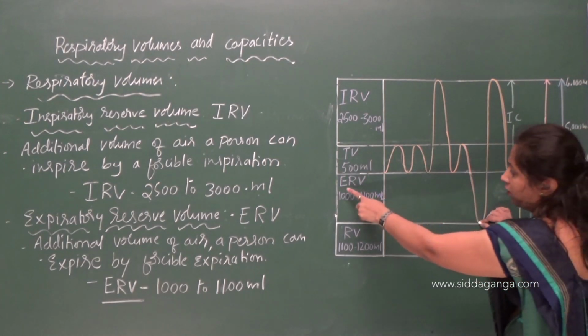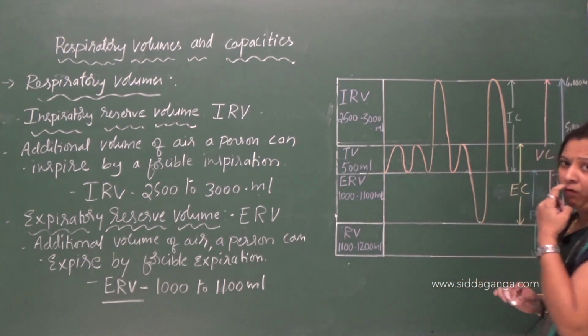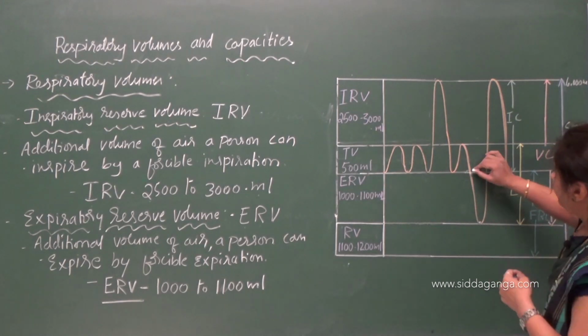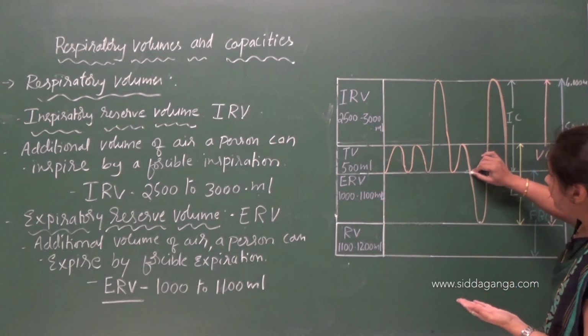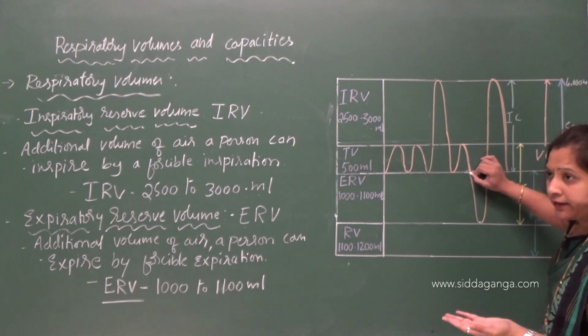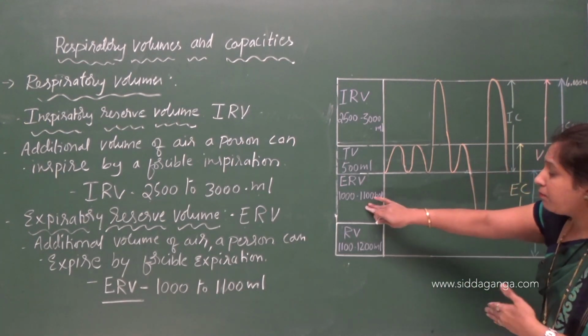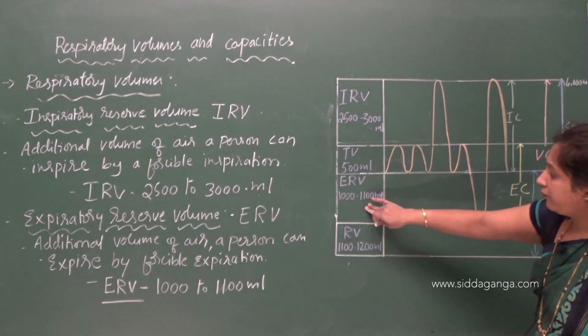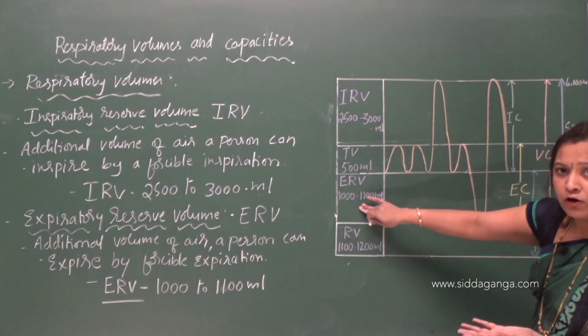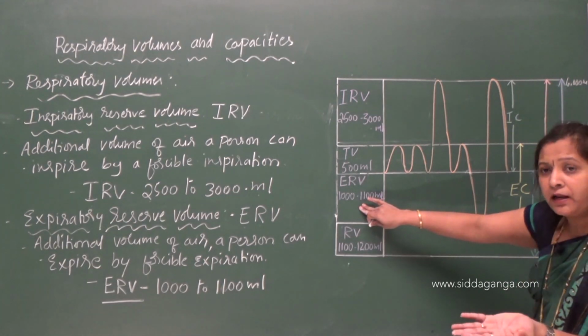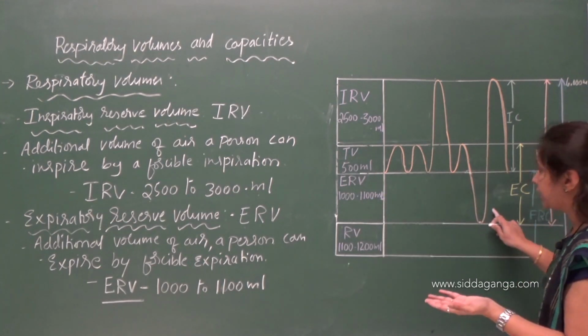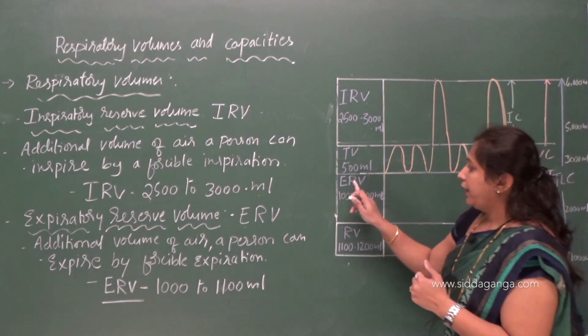So this is called what? Expiratory reserve volume. After normal expiration, if we increase the strength of expiration, we are able to expel some extra volume of air.